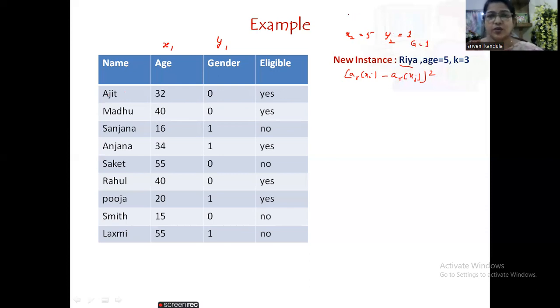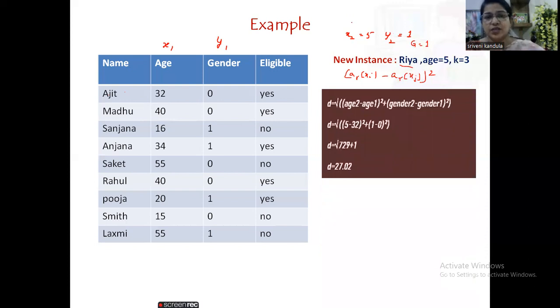It is square root of (x1 minus x2) whole square plus (y1 minus y2) whole square. Now let's calculate for the first instance. It is (age2 minus age1) whole square plus (gender2 minus gender1) whole square, which is (5 minus 32) whole square plus (1 minus 0) whole square. If you simplify that, we are getting a value of 27.02.